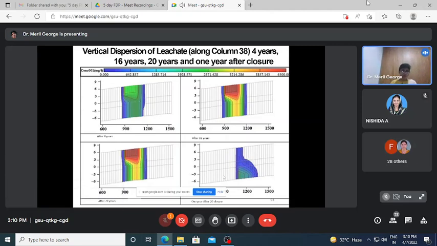After 1 year, it is observed that the leachate plume is gradually shifted from the center of the landfill area, and higher concentration points are shifted towards the river. This is due to the influence of groundwater flow. So immediately after 1 year, we are getting a considerable change in the concentration of chemicals in the soil.